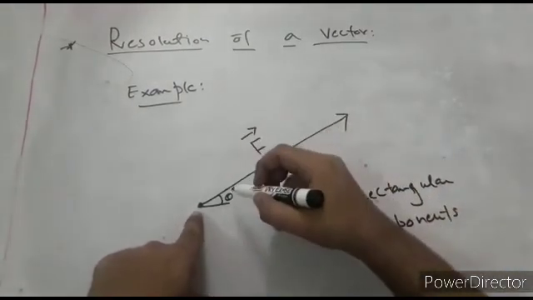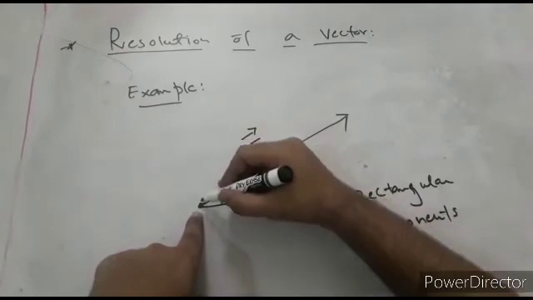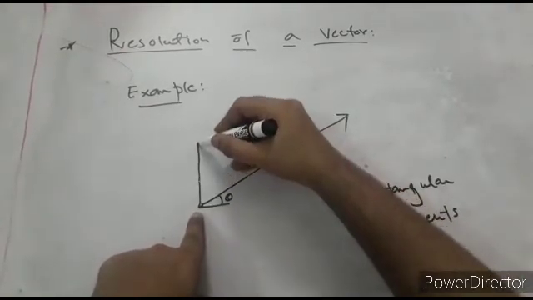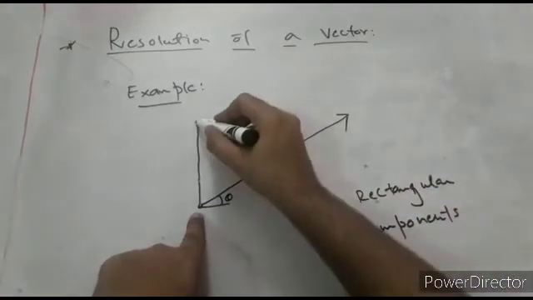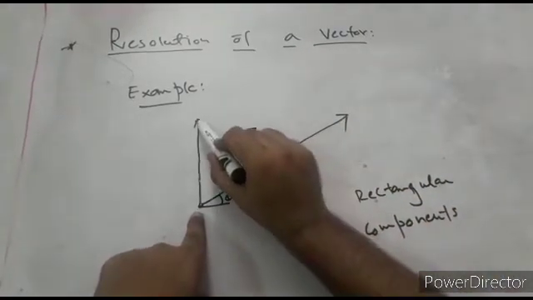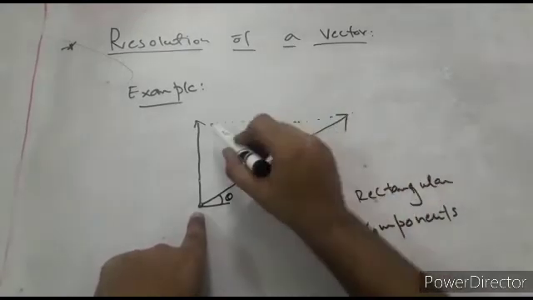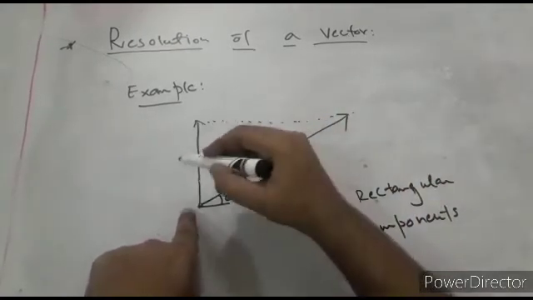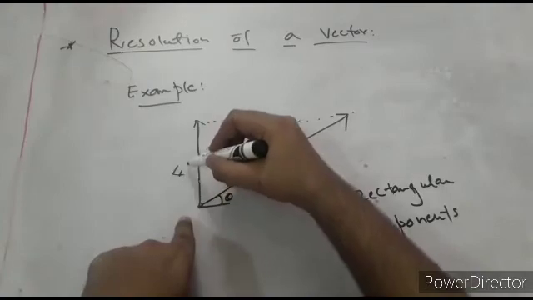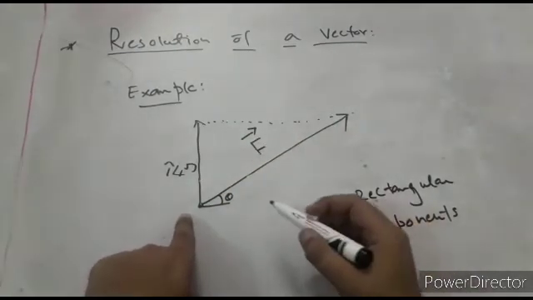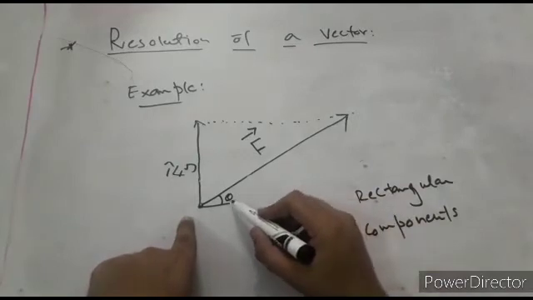Okay, so let me draw these vectors. I will make sure this line doesn't cross this level. This will be the y component, or we also call it the vertical component.